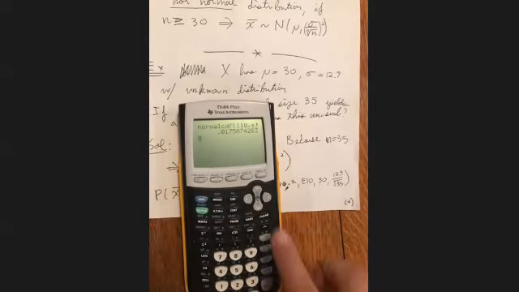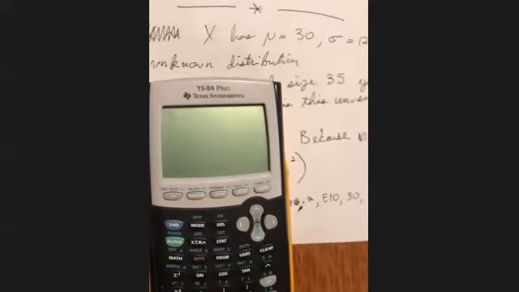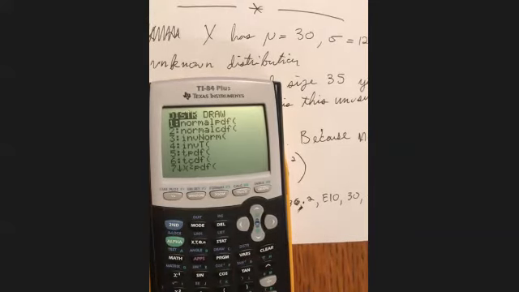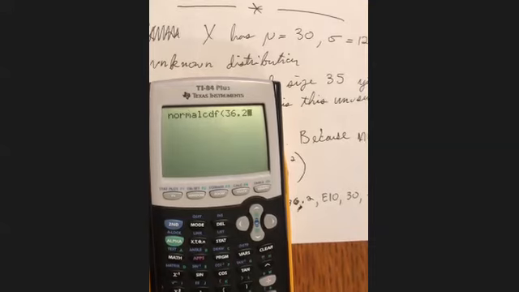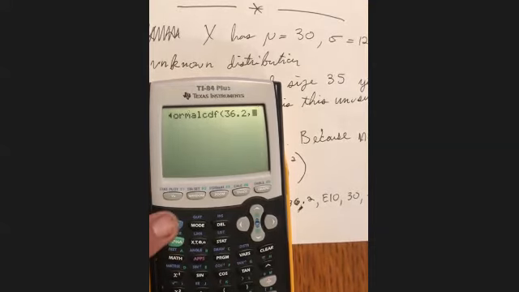So I'm going to pull it up again. Second vars brings up normal CDF. We give it the lower bound of 36.2. We give it the upper bound. And look, if you don't like doing the E thing, you really can just do like one. I think 1,000 is usually big enough. 10,000 is definitely big enough.